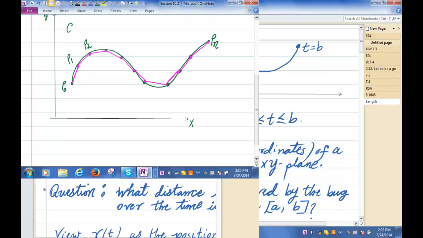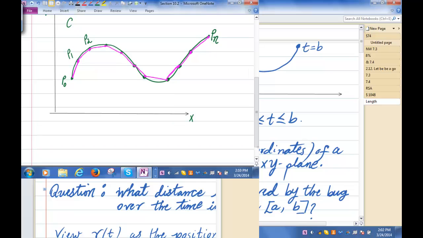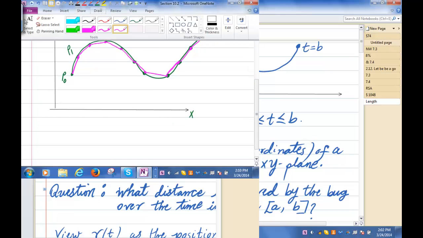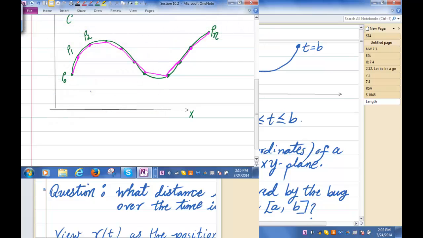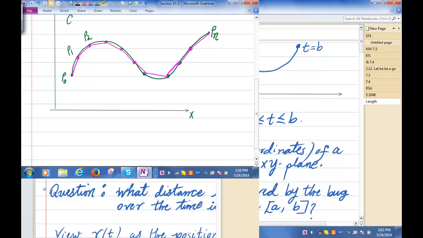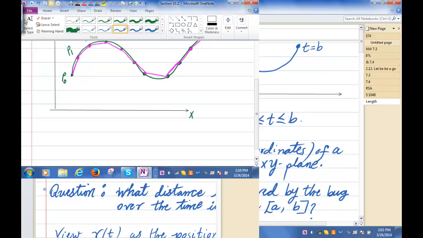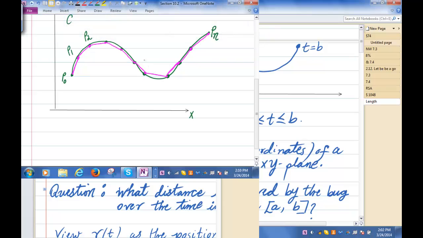So I could say that an approximation of the length of C would be what? Well, let me call this point Pi minus 1, and let me call this one Pi.